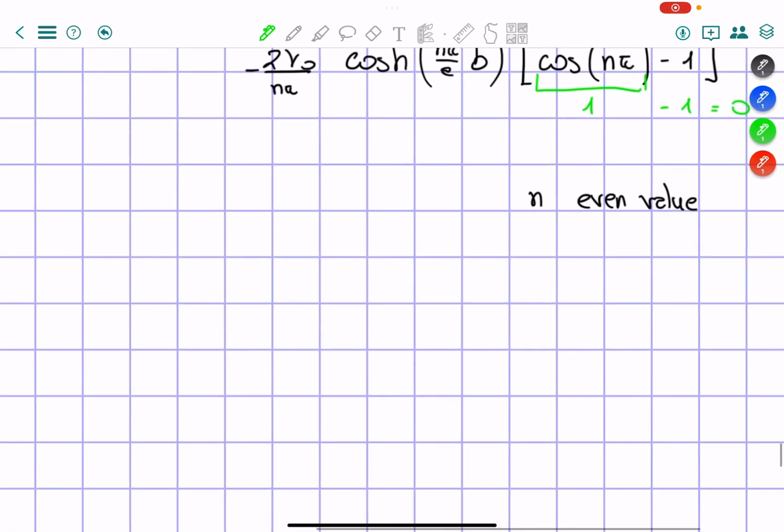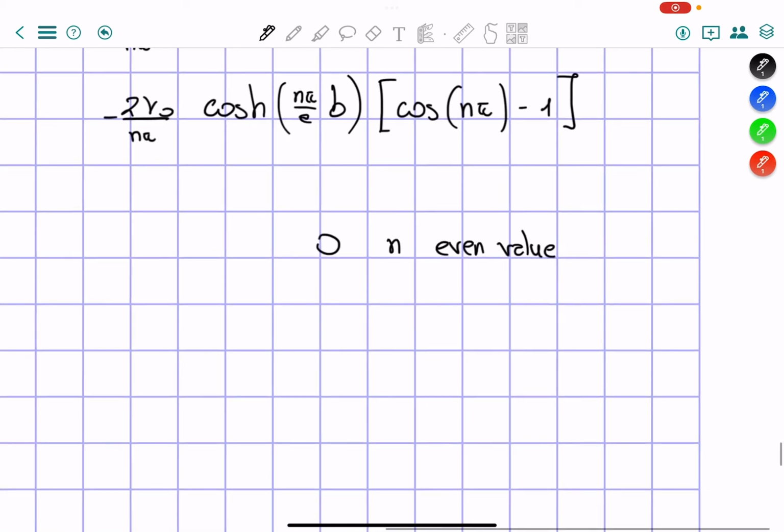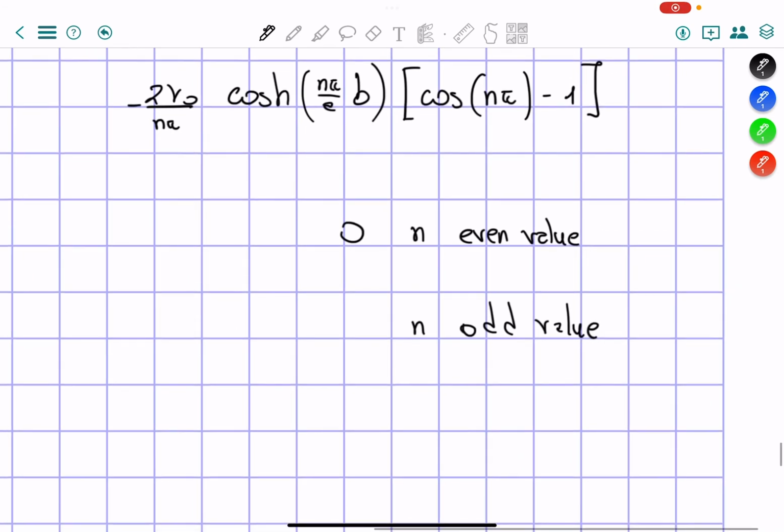So the whole thing will become 0. And if instead n is an odd value, then we're going to find out that our actual answer is going to be equal to 4 b naught over n pi.